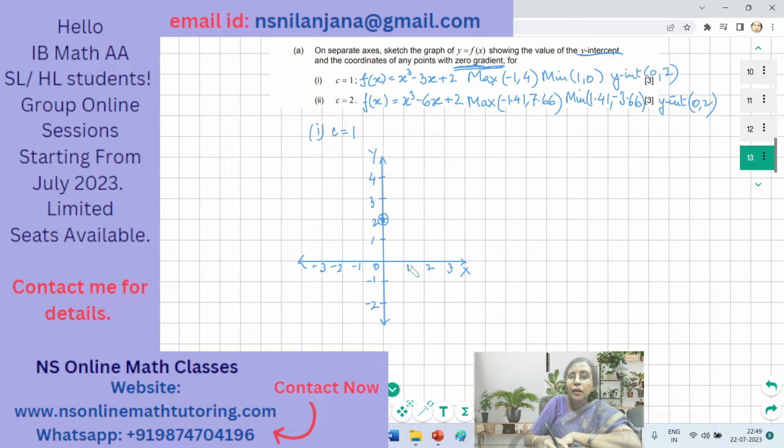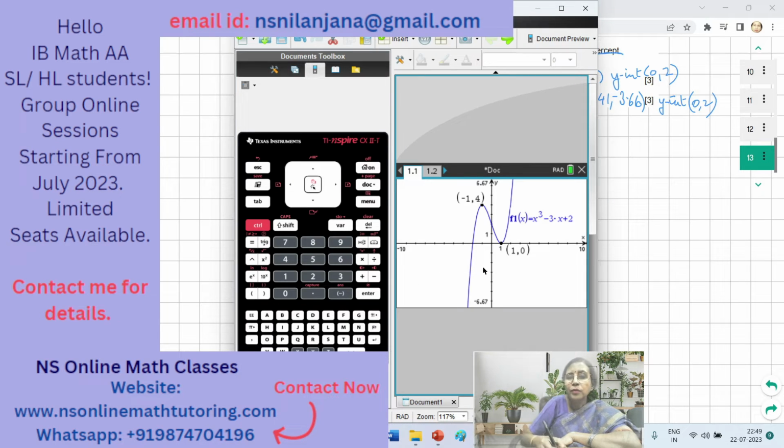So one of the points will be this one. And another will be 1, 0. Another will be -1, 4. Okay. I should be getting the x-intercept as well. So let us go for this.